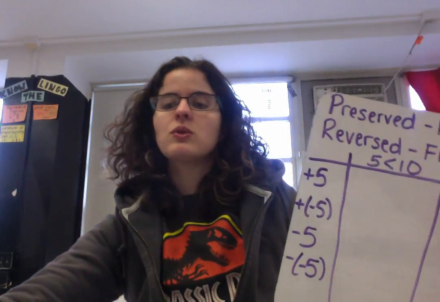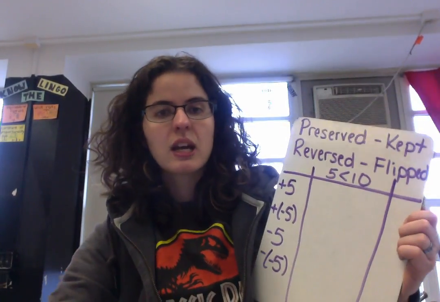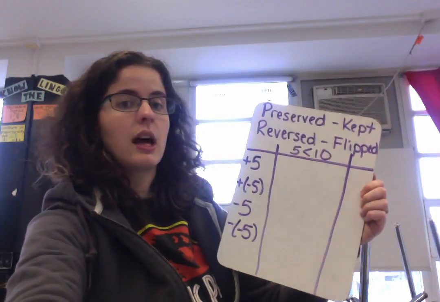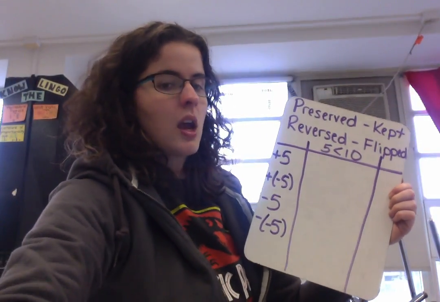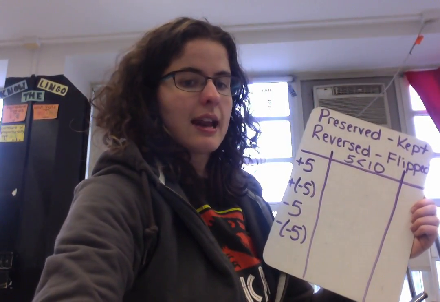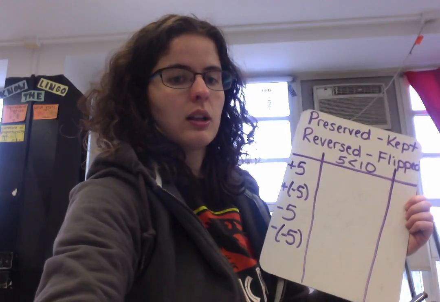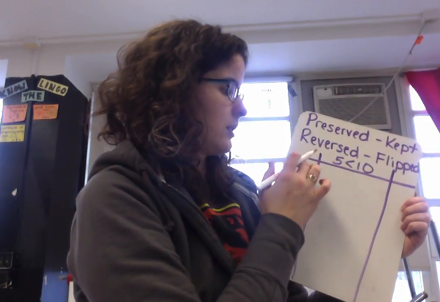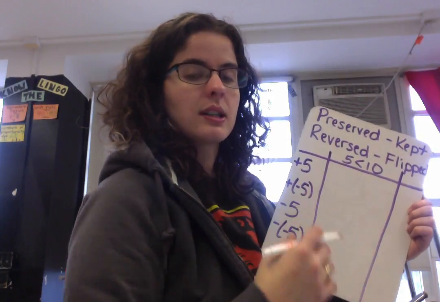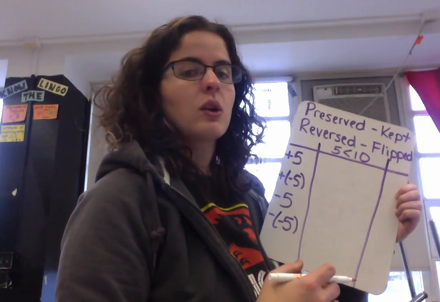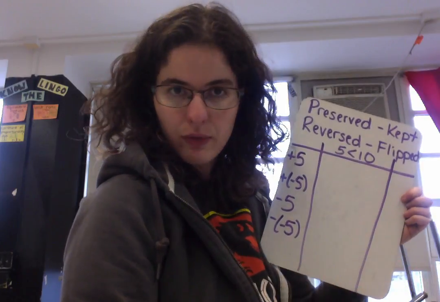We're using this because students started to notice some things on Tuesday, and we wanted to see if we could generalize this more broadly. So if we started with adding 5 to both sides of this inequality, it's a lot like a balance or an equation in that you can do something to one side as long as you do it to the other, and that's going to keep the inequality as balanced as it was before.